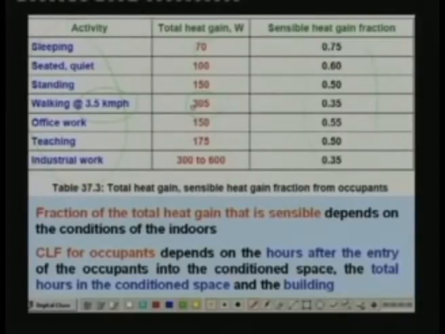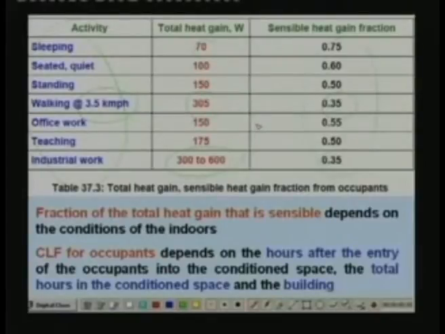About 305 watts per person is released, and out of this only 35% is sensible and 65% is latent. Similarly, for industrial work, a lot of heat is released, about 300 to 600 watts per person, of which only 35% is sensible and 65% is latent. This kind of information for a wide variety of activities is available in air conditioning data handbooks.